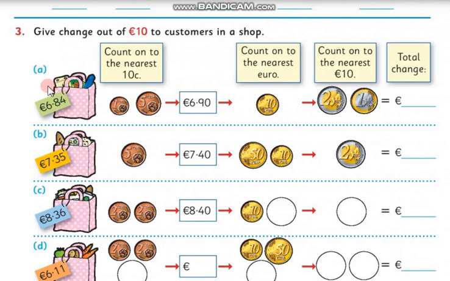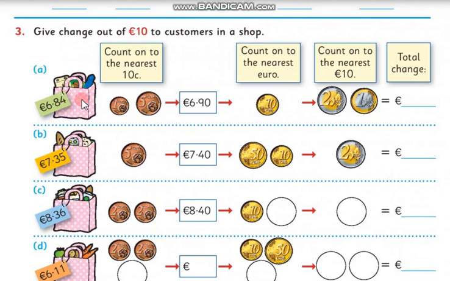So this first customer comes to the counter, puts all of their items through the till, and the total comes to €6.84. So they pull out of their pocket a €10 note to pay for their items. So the total amount that they owe is €6.84.